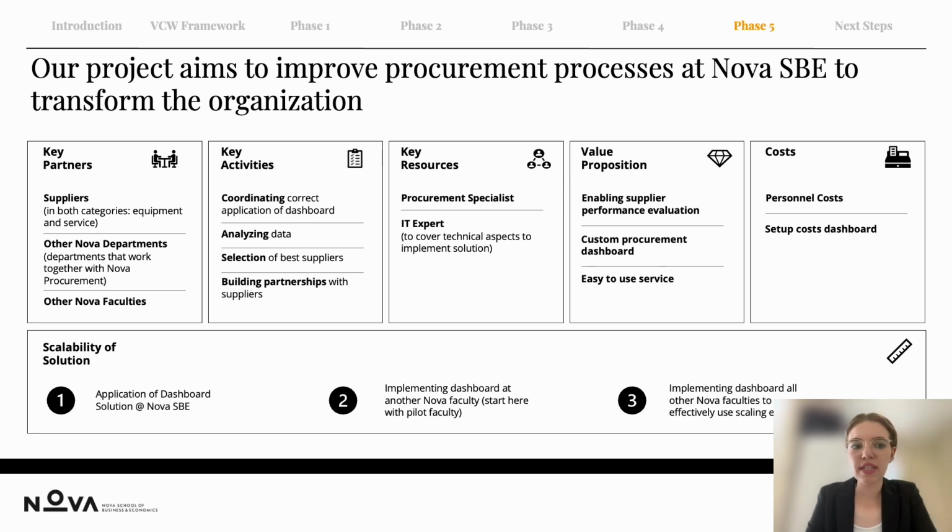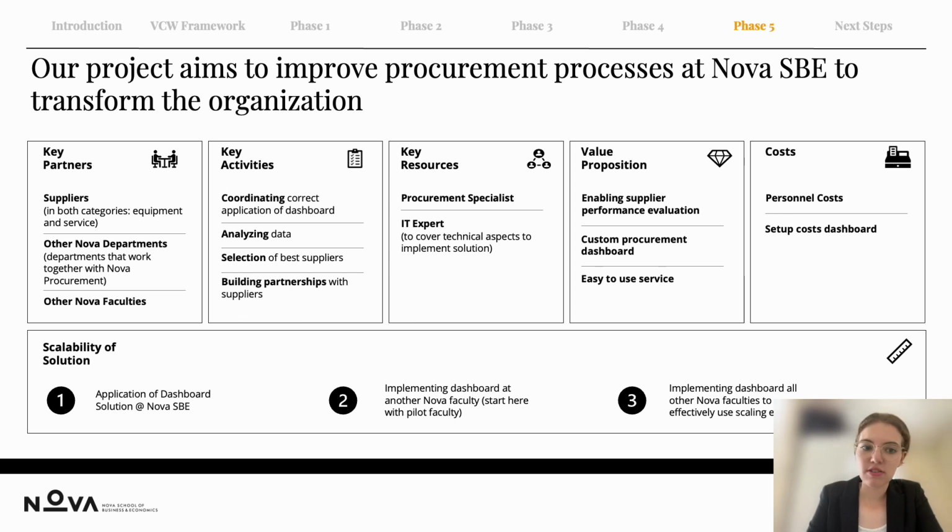So we have 3 different key partners in place. The suppliers, other Nova departments, and also other Nova faculties, which become more important later in the process. Then we have key activities from a procurement perspective. So first of all, we have the coordination of the correct application of our dashboard solution. Then we have analyzing the data of the dashboard and the report and so on.